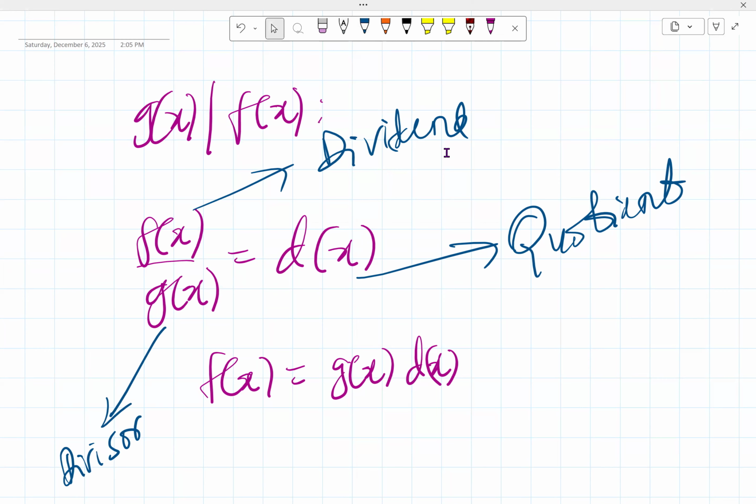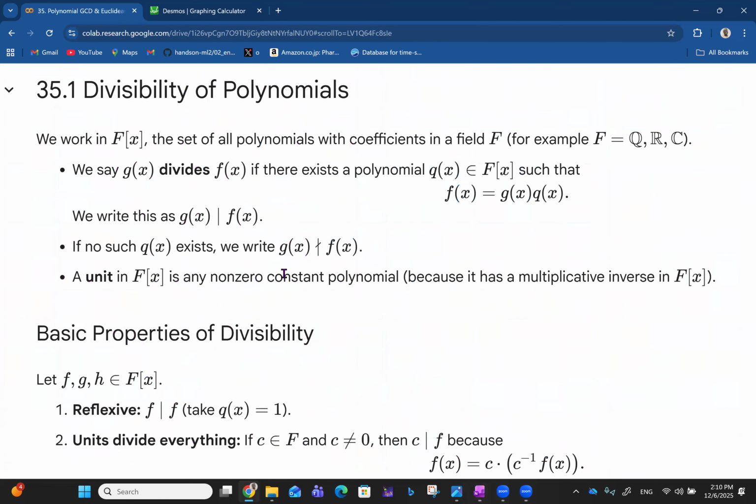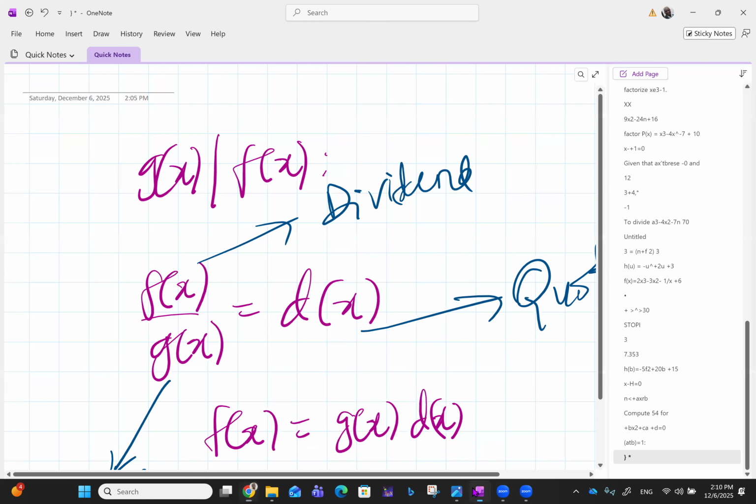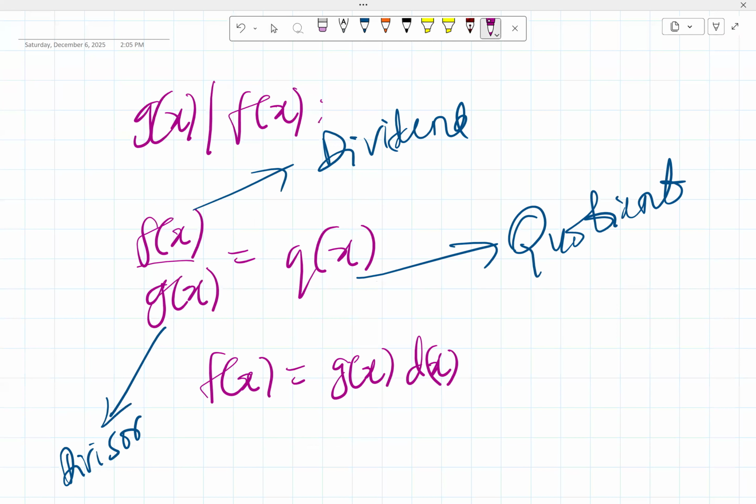So if there's a remainder, then it means it's not divisible by whatever you're dividing it with. What I called d of x, I should have called q of x so that it follows the name quotient. That's q of x, the quotient.